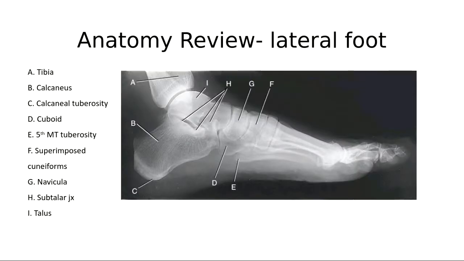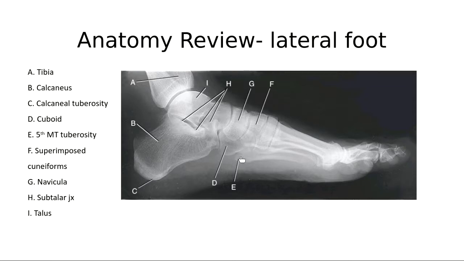If we look at some of the anatomy to review radiographically, the anatomy of the foot in the lateral view, you can see everything pointed out and labeled here. This is the tibia. You've got the calcaneus right here. The calcaneal tuberosity is letter C. Then you've got the cuboid bone.